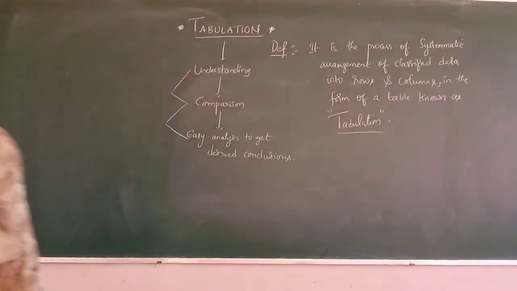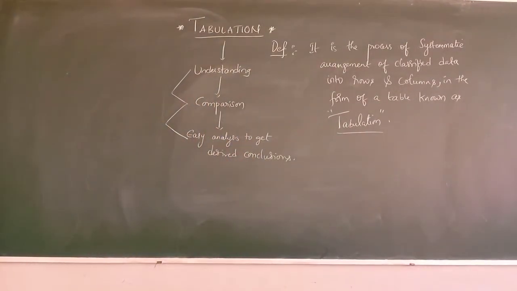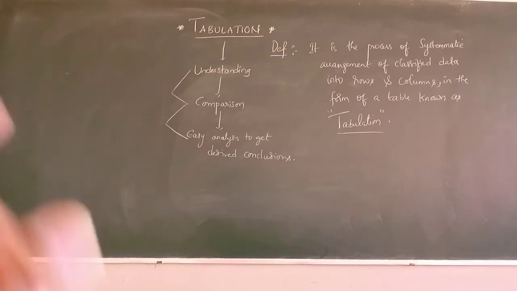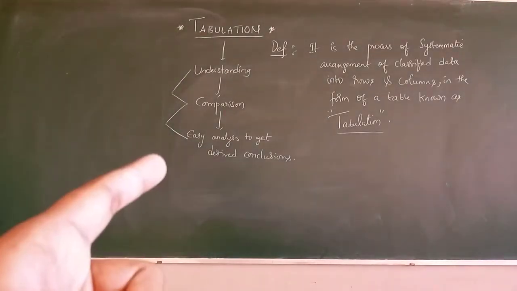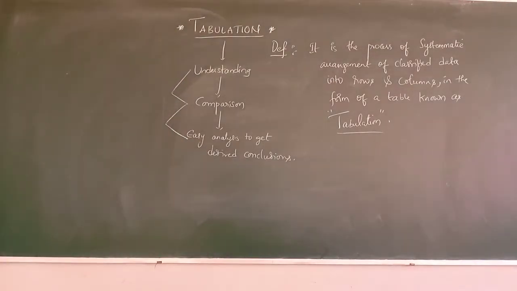So write down the definition now, everybody. It is the process of systematic arrangement of classified data into rows and columns in the form of a table known as tabulation. So a tabular presentation provides better understanding, comparison, and easy analysis to get desired conclusions.